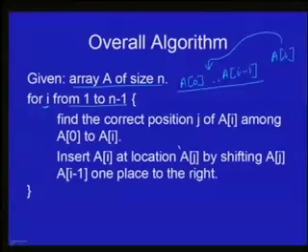So we need to first find what is the correct position of Ai in this sorted sequence, and let's call that position j.